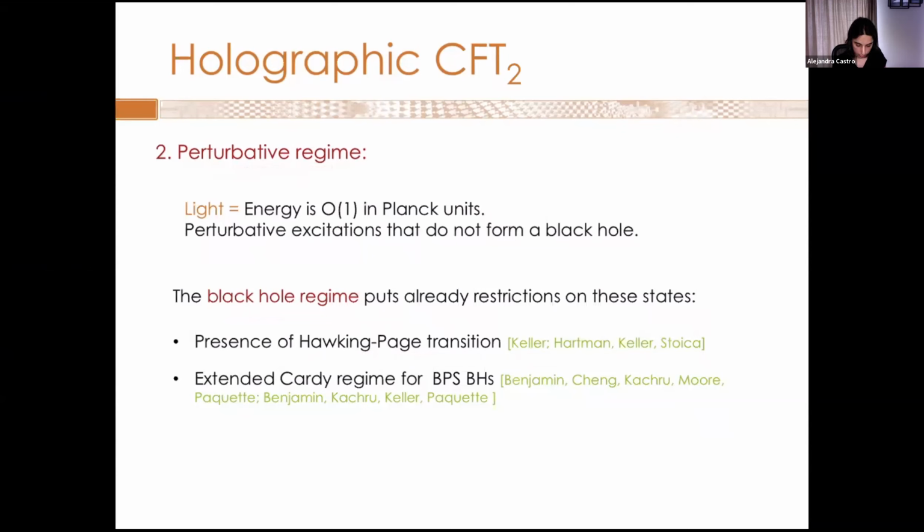You can also phrase it in terms of BPS black holes: if you have a supersymmetric black hole in this theory, it will carry a lot of entropy, and it will also put conditions on the light part of the BPS spectrum. So it works both at finite temperature and at zero temperature.